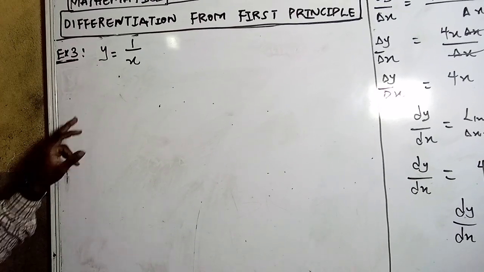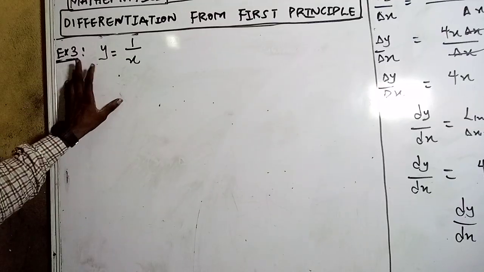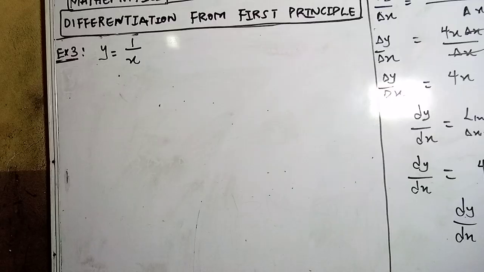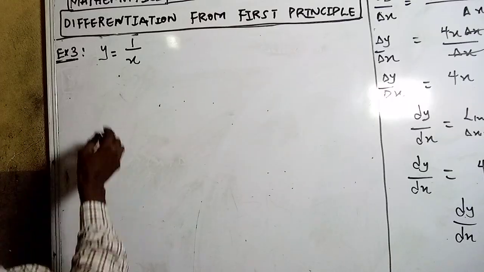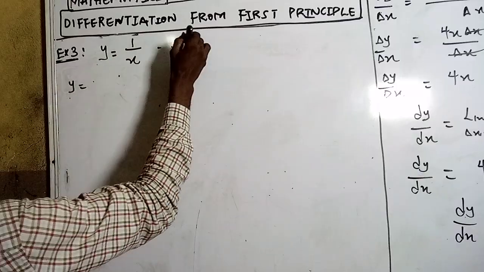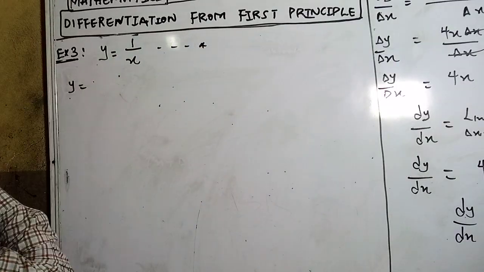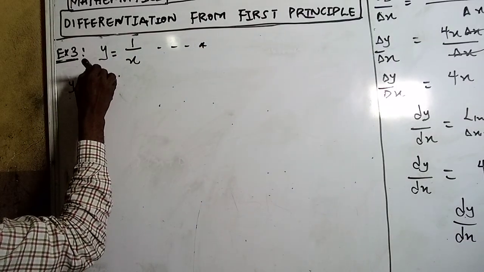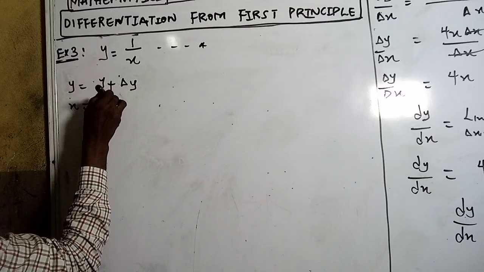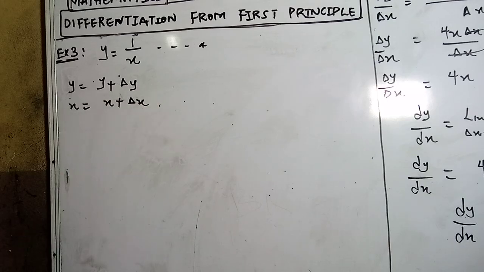Alright, let's check this particular question. Using our first principle, let's try to find the derivative of this expression. Don't forget that as y increases, x also increases. So here we have y equals 1 over x, let's call this one star. So y returns what? y plus dy, then x returns what? x plus dx.